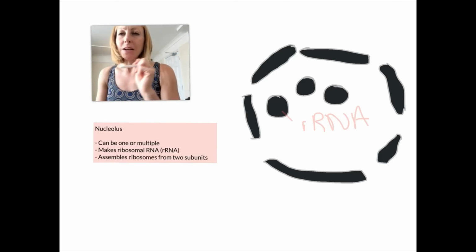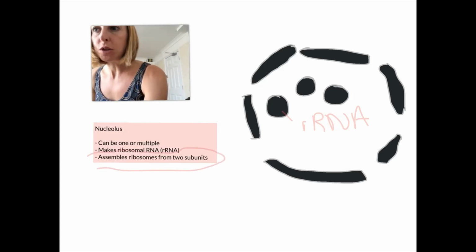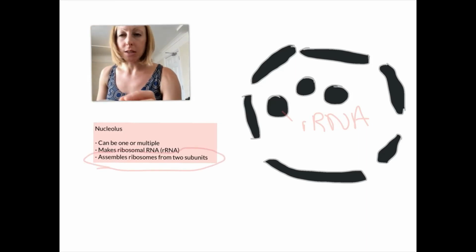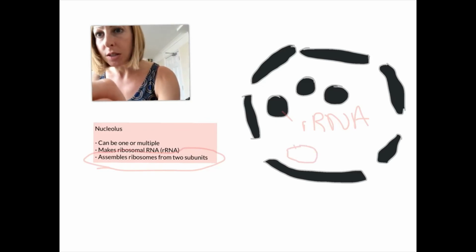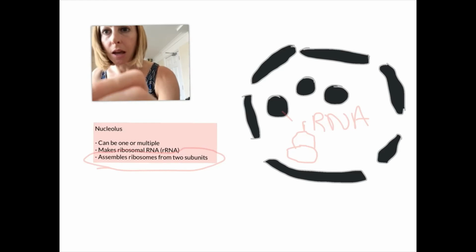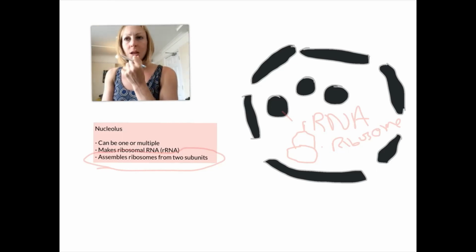So not only do they manufacture RNA, they also assemble, as you can see here, the ribosomes from 2 subunits. That's a smaller subunit and a larger subunit that are joined together to make an individual ribosome. Now, these ribosomes are actually 80S ribosomes in a eukaryotic cell.